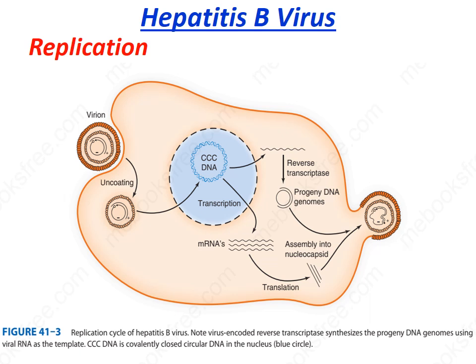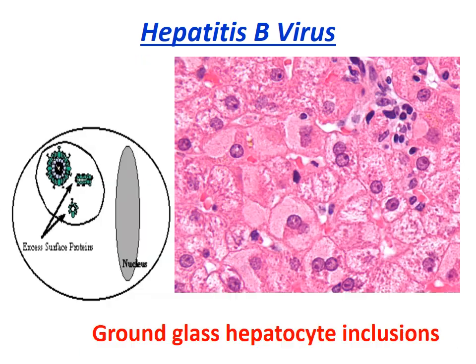There will be no destruction of the cell, but the progeny virus comes out by the budding process and goes towards other cells to infect them.